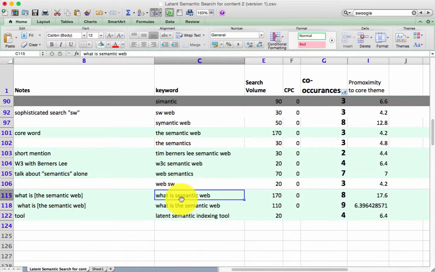Here's another "what is" that appears a lot. And the volume, in the scheme of all of these, which are not very high in volume, it's okay. What is the semantic web? The "the" is important, I believe, because it's saying that this is a proper name. It's a "the." It's something that people have come together and given defining characteristics.